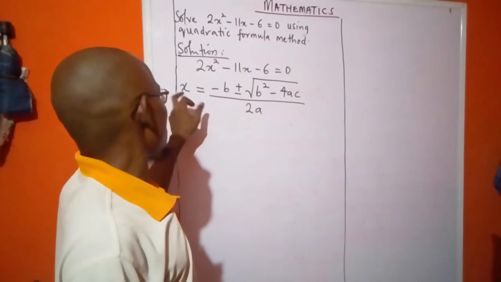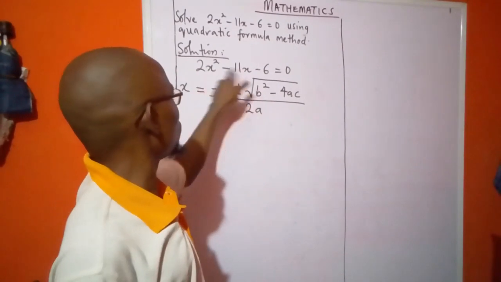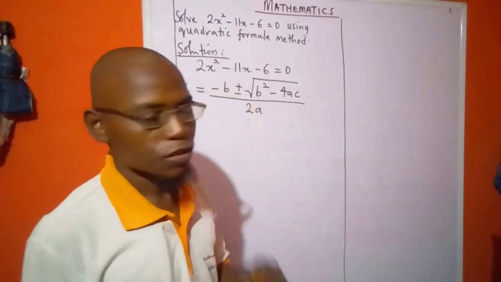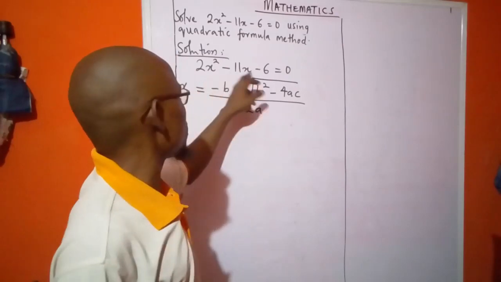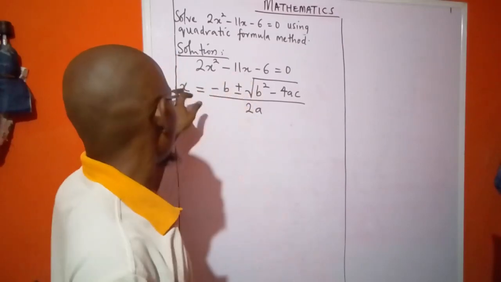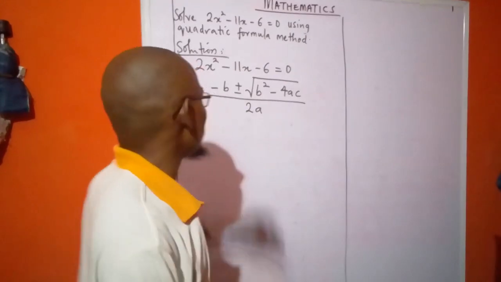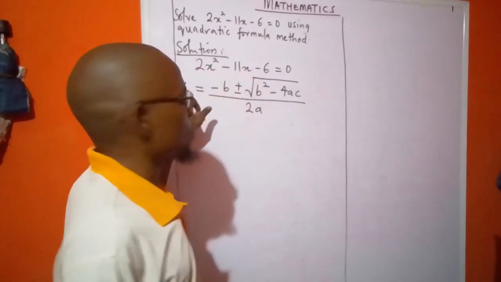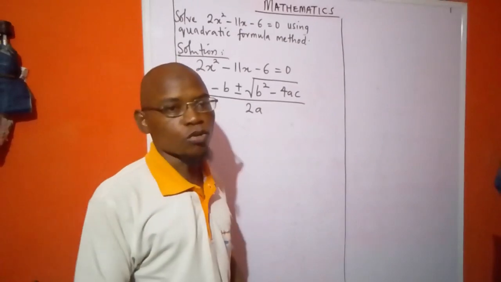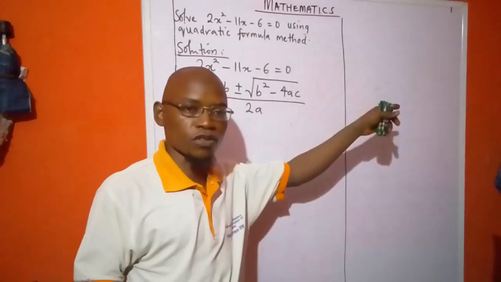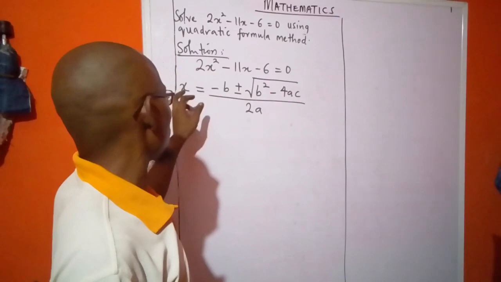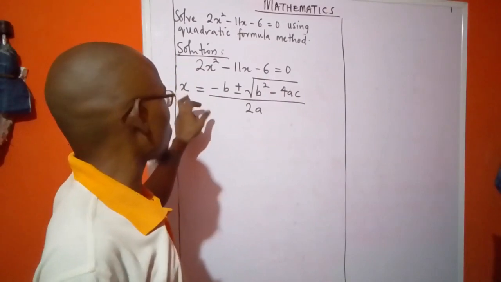The reason we are using x is because the variable used is x. So if the variable used here is y, then here will be y. If the variable is q, here will also be q. As the variable changes in the equation, your quadratic formula also changes when you put it down.